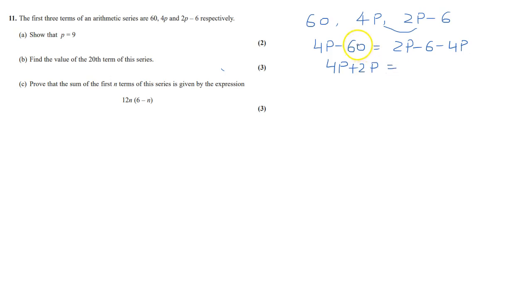The 60 will become plus 60, minus 6 will be 54. So 6p is equal to 54. Then p will be 54 over 6, so it will be 9. So that is part A.